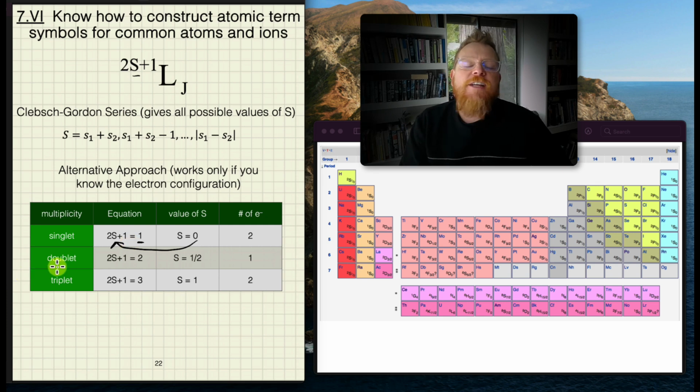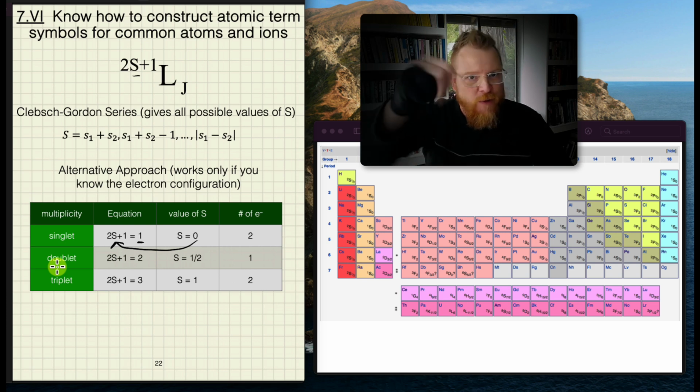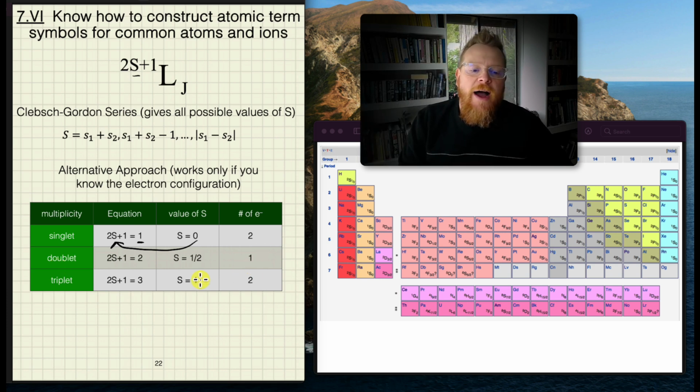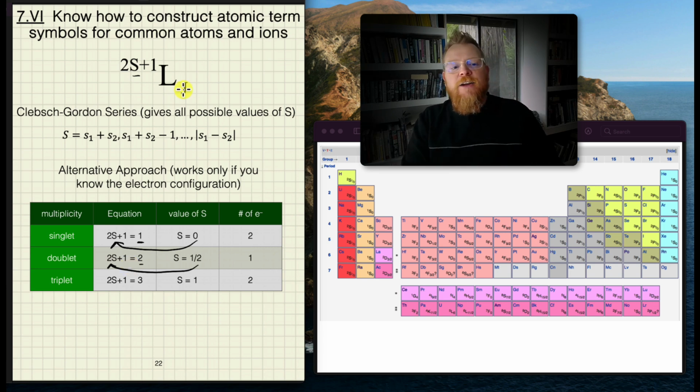It's a singlet state. That's what that means. So what if I have a doublet state? Well, I only have 1 electron, and it's arbitrary if I call it +1/2 or -1/2. So if we make it the +1/2, and now plug that value into here, 2 times 1/2 gives me 1, plus 1 gives me 2. Well, once again, if I knew it was just a single unpaired electron, I know that's a doublet state. I could automatically just write 2 for my main term, or for my multiplicity term.